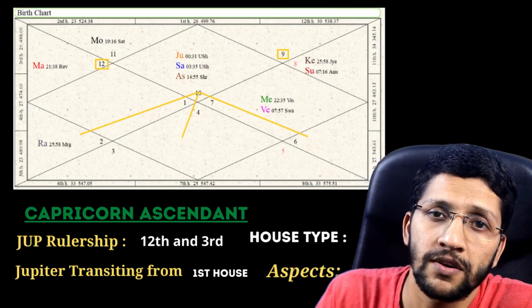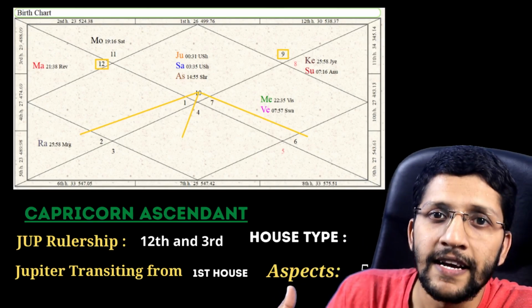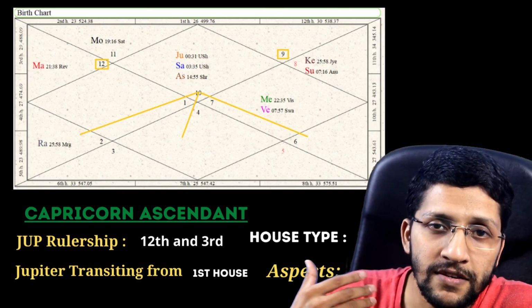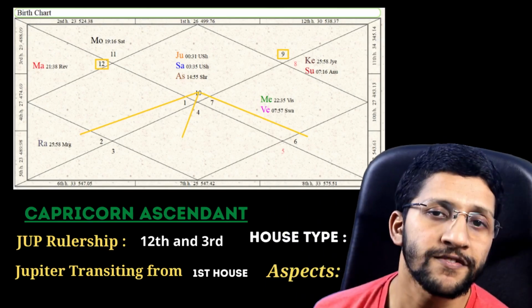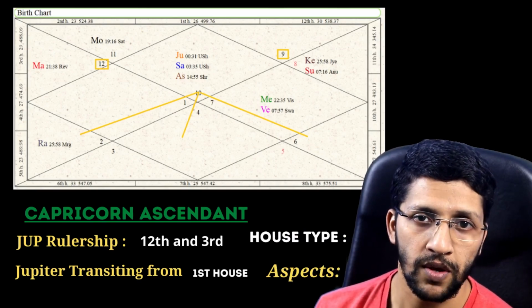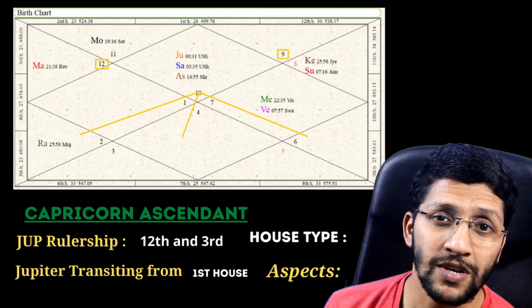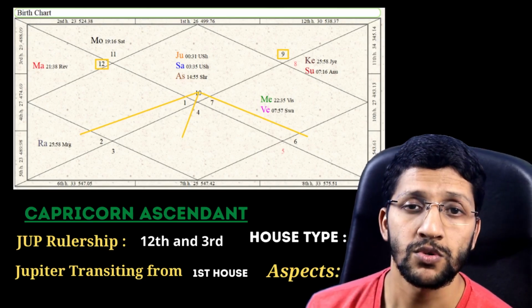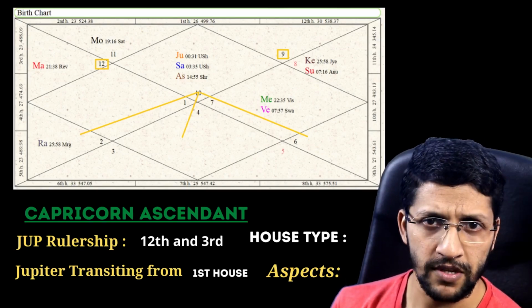It means a lot. An exalted planet in the Kendra is transiting, and a most benefic planet is transiting over one of your exalted planets, into the Kendra, which is the first house, which is also Kendra and trine. So it makes a person energetic and feel good about themselves.